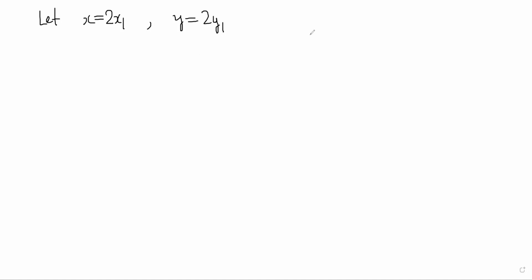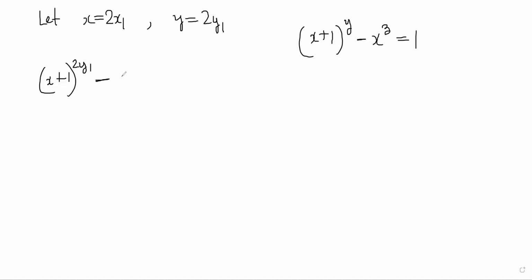So look at the original equation, x plus 1 power y minus x power z equal to 1. This equation can now be rewritten as x plus 1 power 2y1 minus 1 is equal to x power z, right?